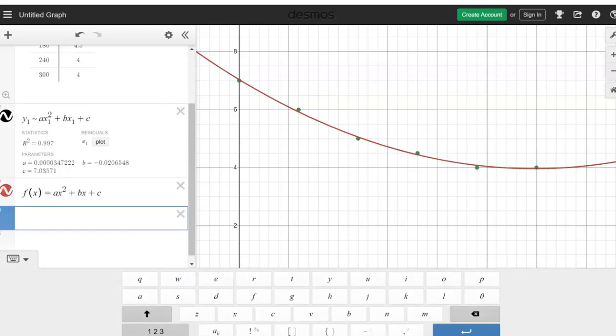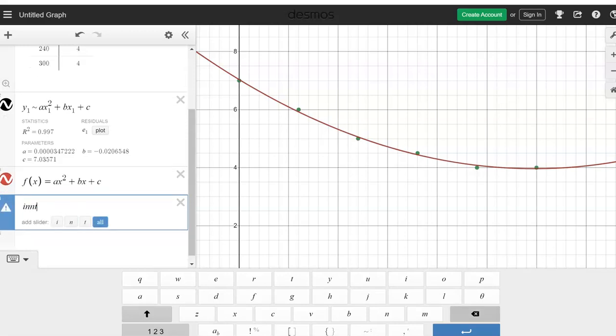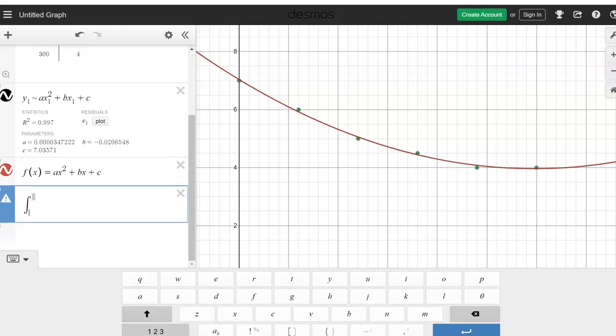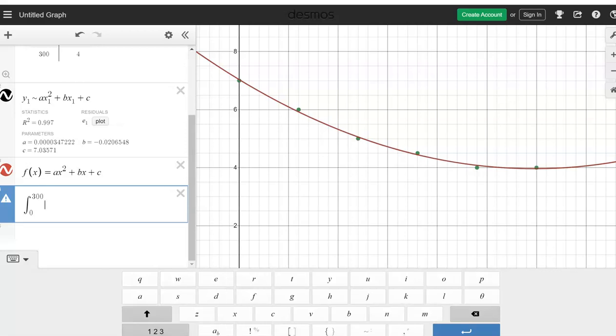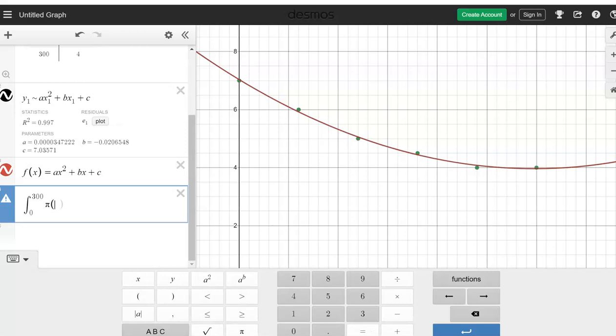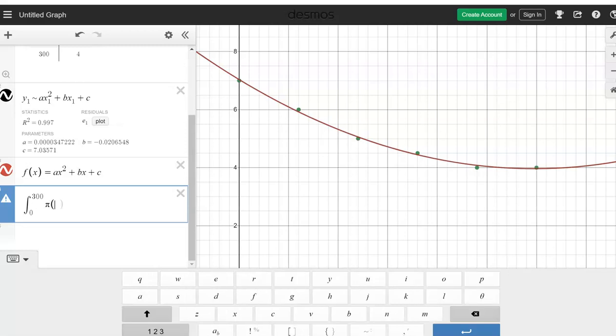So now what I can do is say, hey Desmos, integrate from 0 to 300. And what I'd like you to integrate is pi times the radius squared, where the radius is that function f of x.